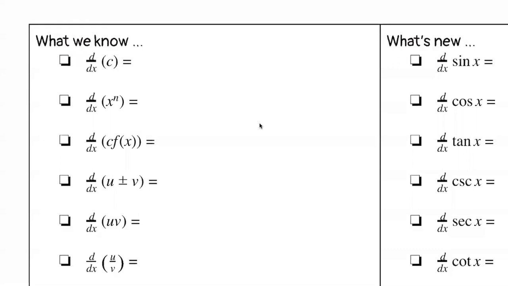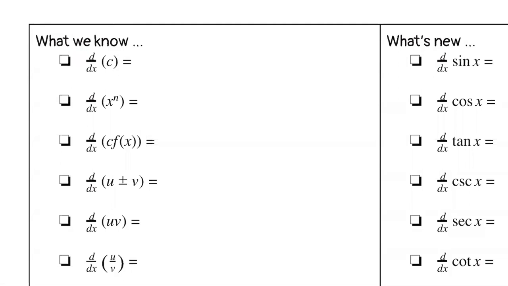There are no names with these rules, but let's see if we can connect the rule to what is the output. All right, so let's start with d dx of c. If I take the derivative of c, c being any constant, what do I get?